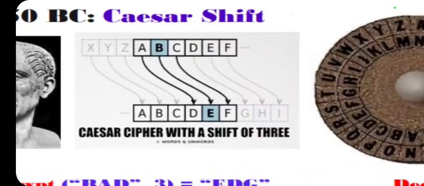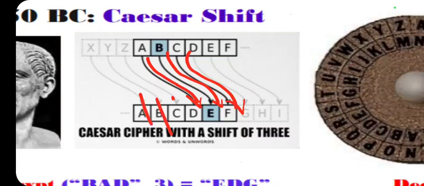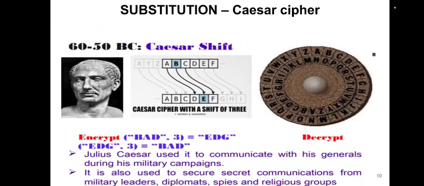Here you can see that for A I have substituted D, for B I have substituted E, and for C I have substituted F, which means I leave out A, B, C. For the plain text A I am substituting D. Substituting one alphabet with another alphabet is called a Caesar cipher. Every third alphabet is treated as the substitution alphabet.